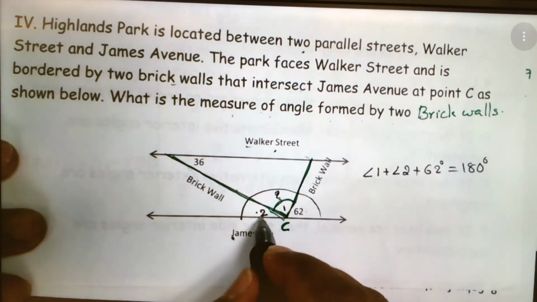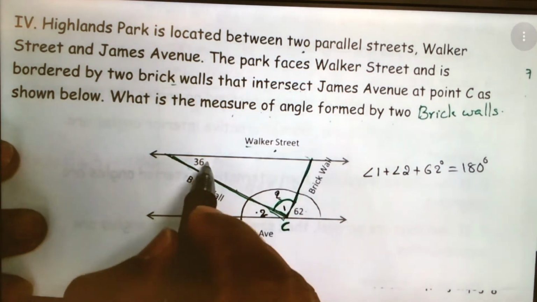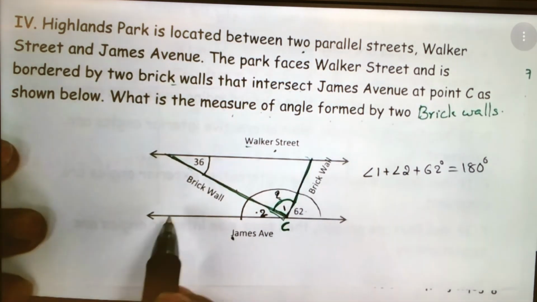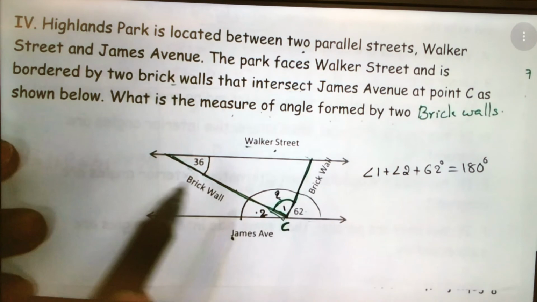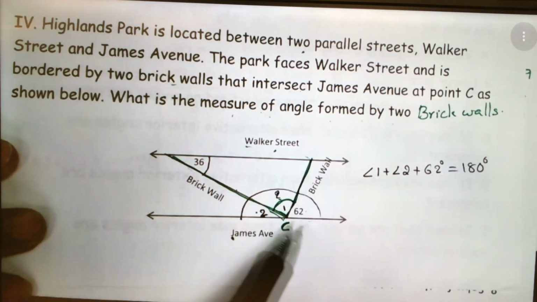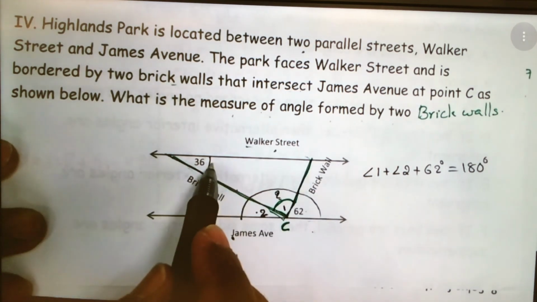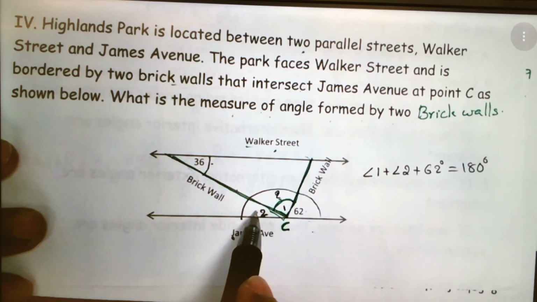So angle 2. The question gives 36 here. These two streets, these two lines, are parallel. Then this becomes the transversal line. So this angle and this angle 2, you are right, are alternate interior angles, so they are congruent.